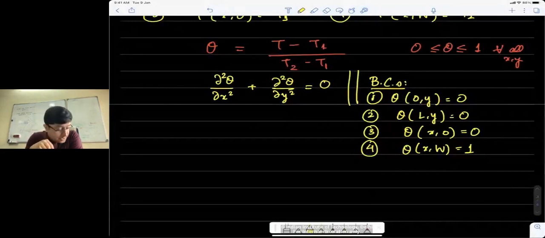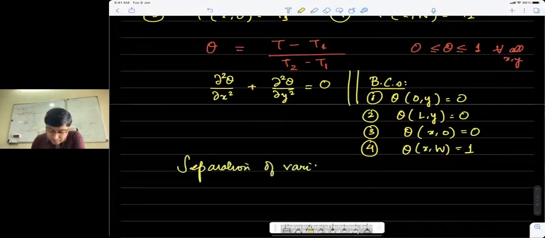So now this becomes easy to solve using the method of separation of variables. So we'll employ the method of separation of variables to determine the solution to this problem.